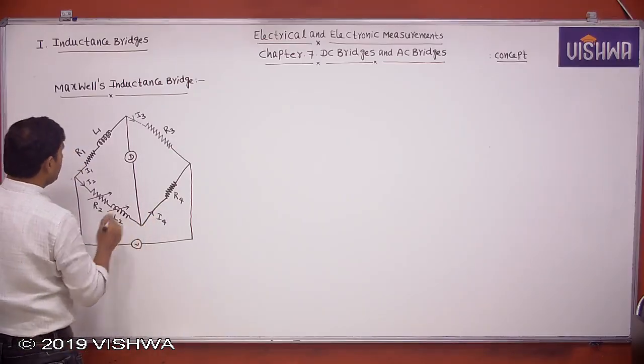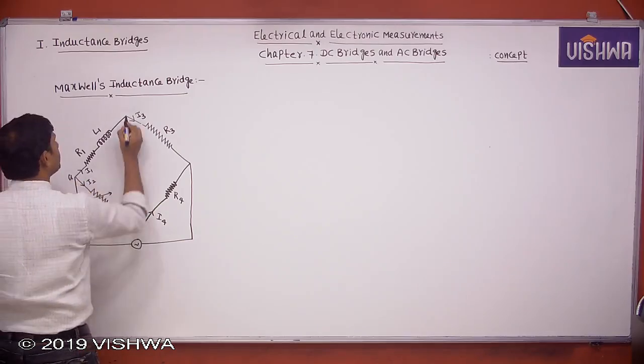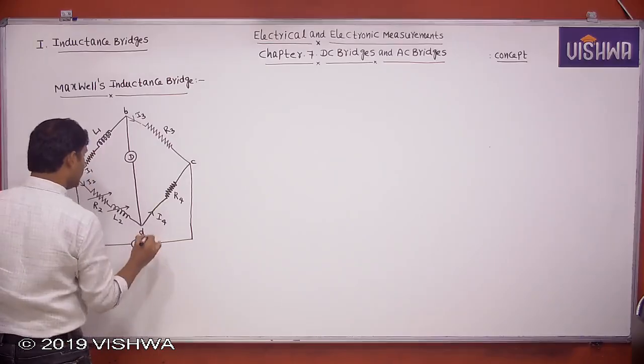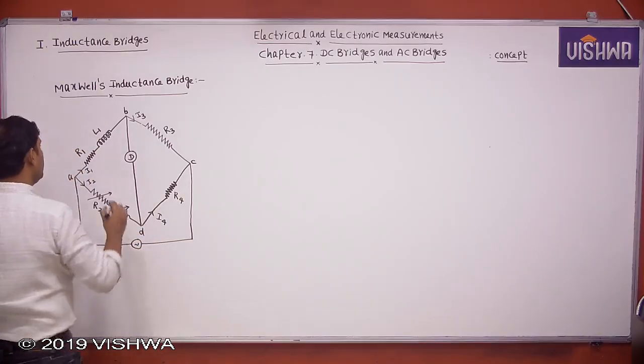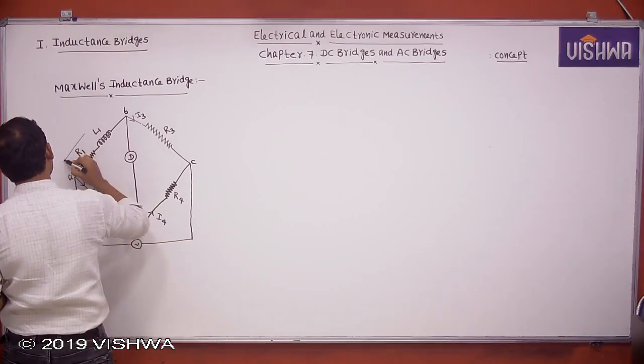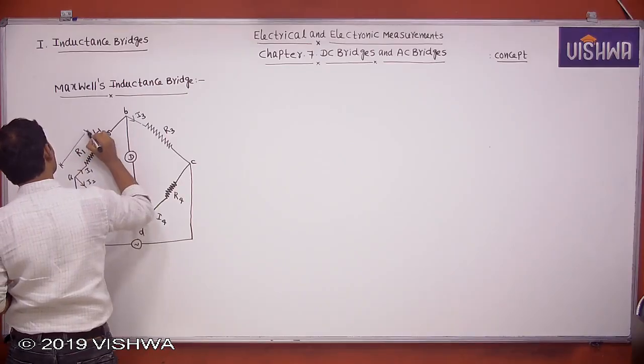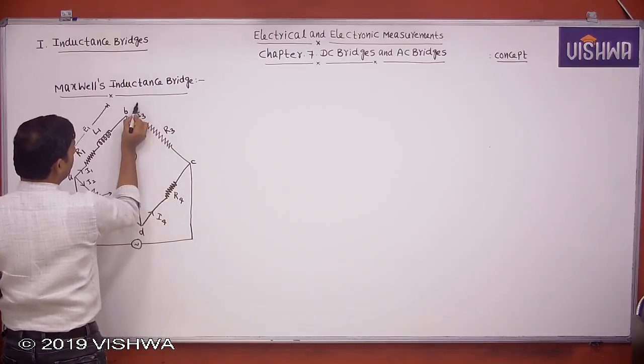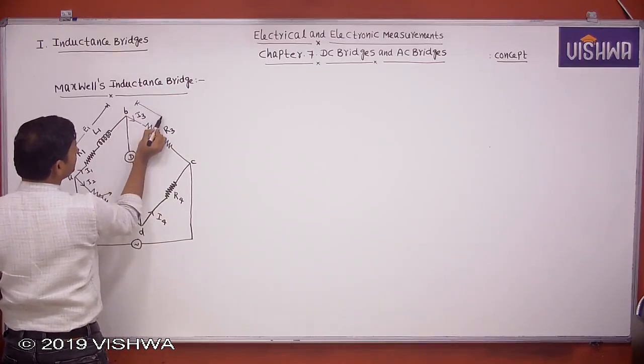This node is A, B, C, D. This voltage is E1. This voltage is E3.